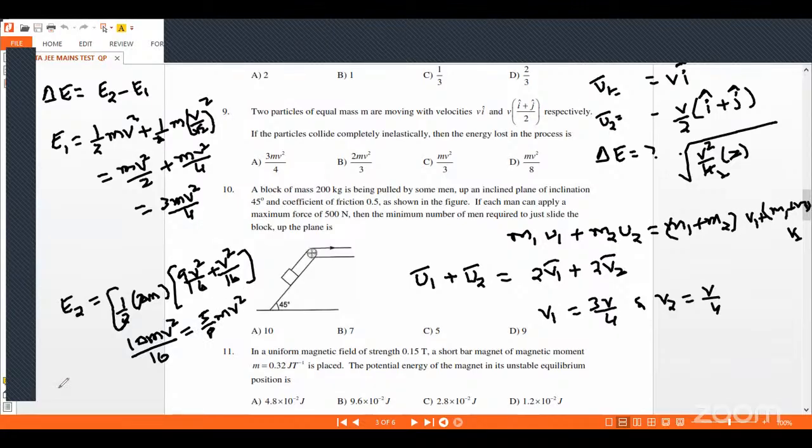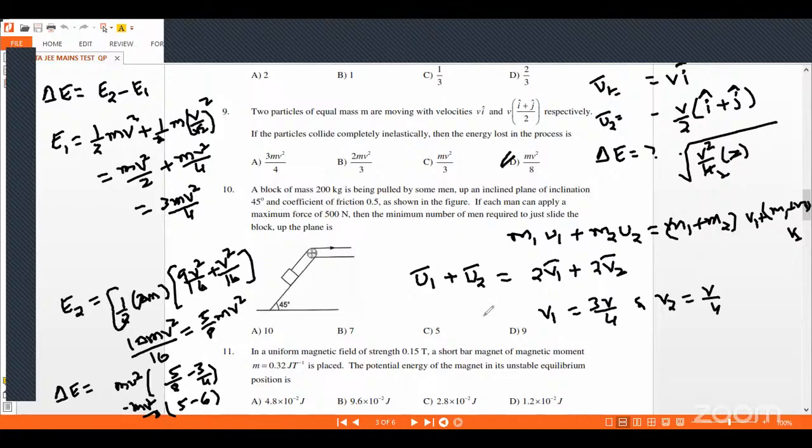So delta E equals mv square common, 5 by 8 minus 3 by 4, that is mv square by 8 into 5 minus 6. So that is mv square by 8.